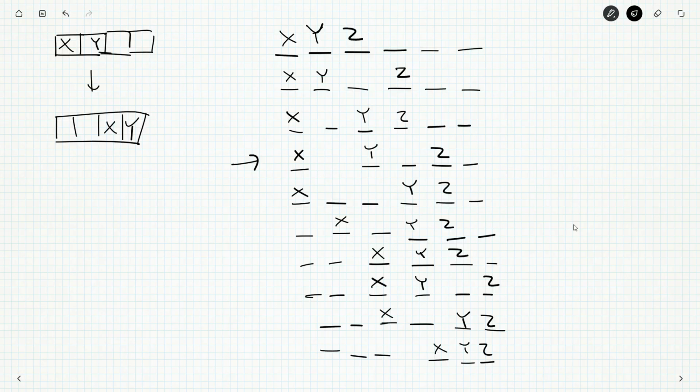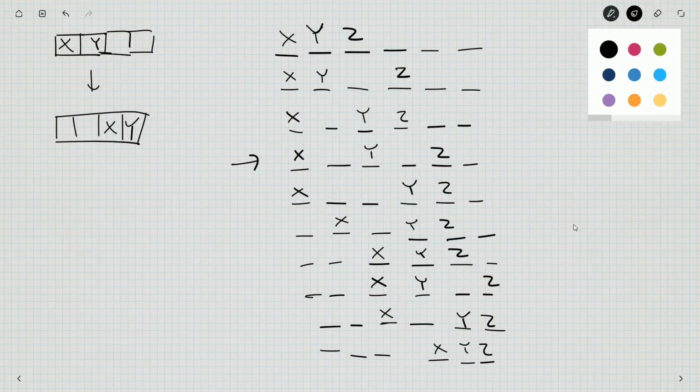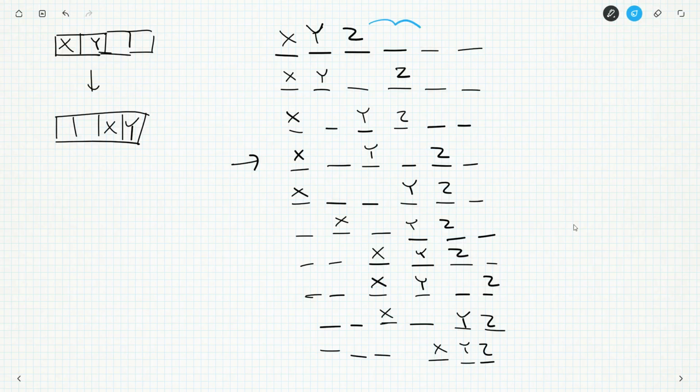Should there be any variation in the number of moves? Well, no, because Z has to move 3 spaces forward. It's going to happen at some point, but Z will only move 3 spaces. Y will only move 3 spaces. X will only move 3 spaces. So yeah, it should be a total of 9 moves overall.